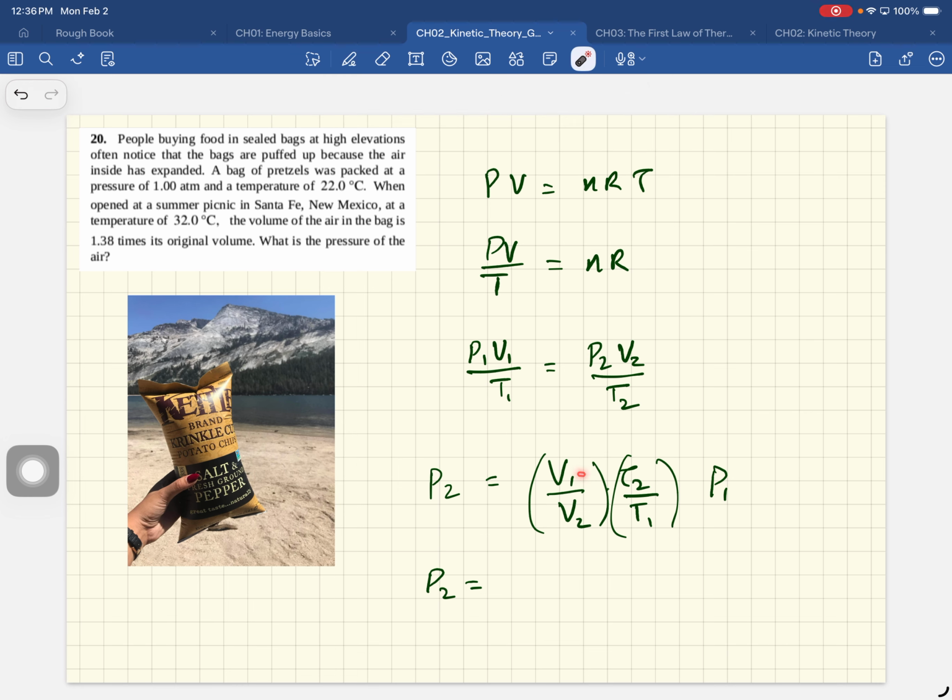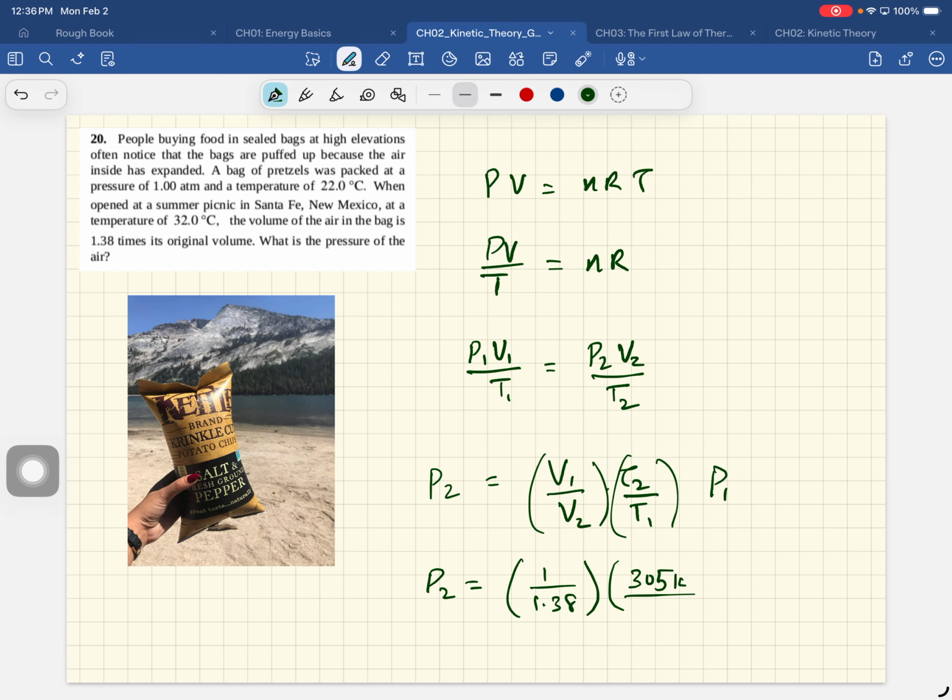So V1 over V2: they tell you the volume of air in the bag is 1.38 times the original volume, so this is equal to 1 over 1.38. The temperatures are 32 degrees and 22 degrees. 32 in kelvins is 305 Kelvin, and 22 is 295 Kelvin. And this is 1 atmosphere.